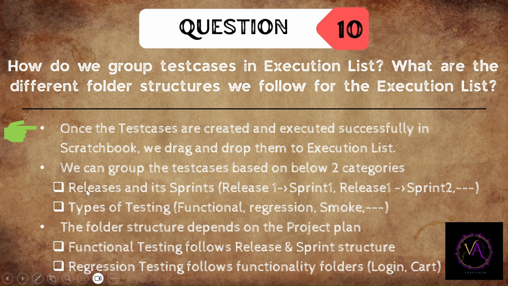So it can be releases inside types of testing, or types of testing inside releases. You have to understand which takes precedence. But generally, the followed procedure is for functional testing we go for releases and sprints, and for regression testing we go for folder structures like login and cart. It all depends. There is no standard answer for this. It all depends upon your plan, your releases, your project deadlines, and your project scope and strategy.